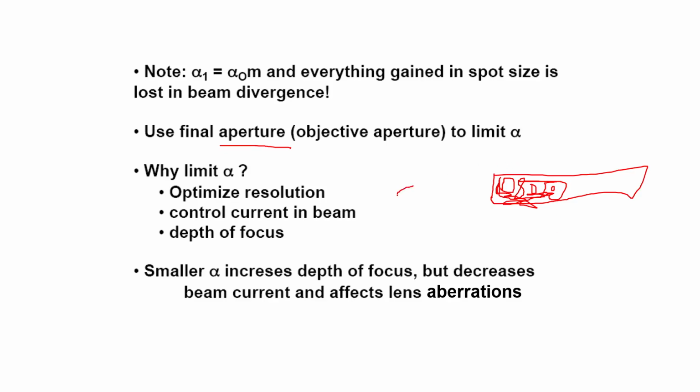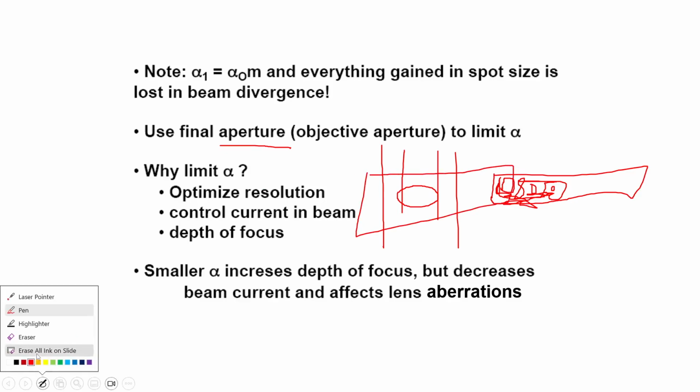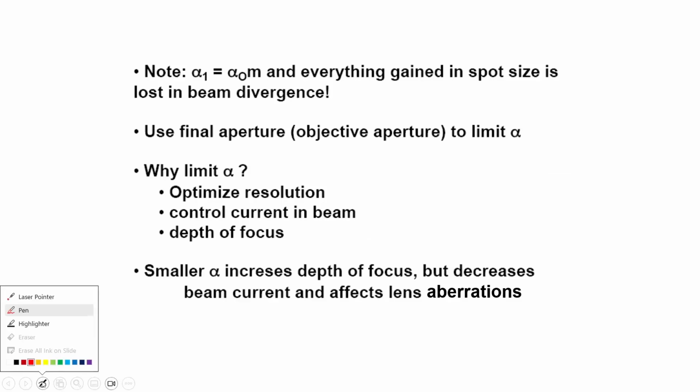So an aperture basically is a thing which will restrict the electron beams, so only these beams will pass through, and the electron beams coming from here will not pass through. These are all blocked. Sorry for this hodgepodge.